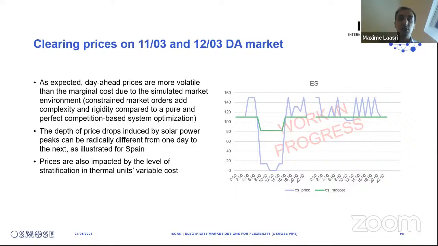But if we do the actual market simulations, we look at 0. So it was interesting to see these results already here in the simulations. And also we can note that the price values are obviously impacted by the stratification of thermal units' variable costs, as we already mentioned in the beginning.